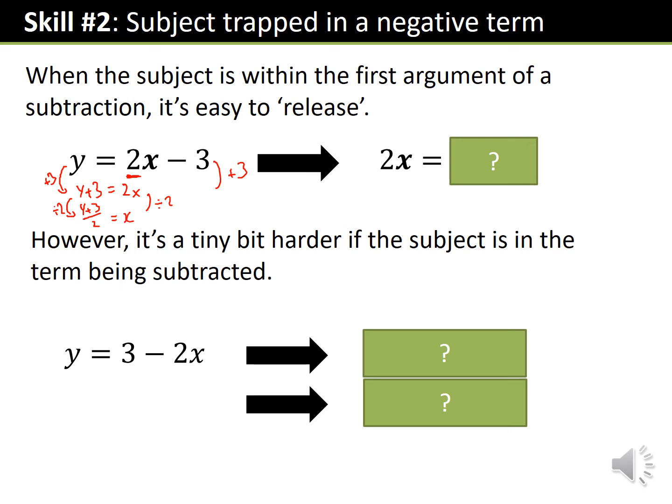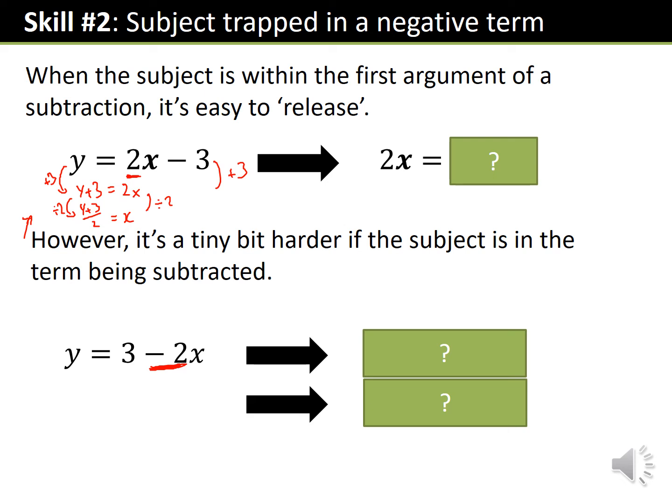So what do we do when we've got a negative coefficient of x? So the number in front of x, rather than being 2x, is now minus 2x. So there's kind of two ways we can do this. We can either do it more similar to what we've done up here, or rearrange it to make it a little bit different first.